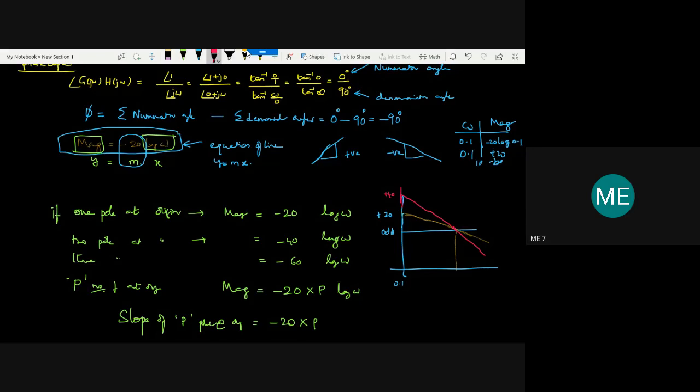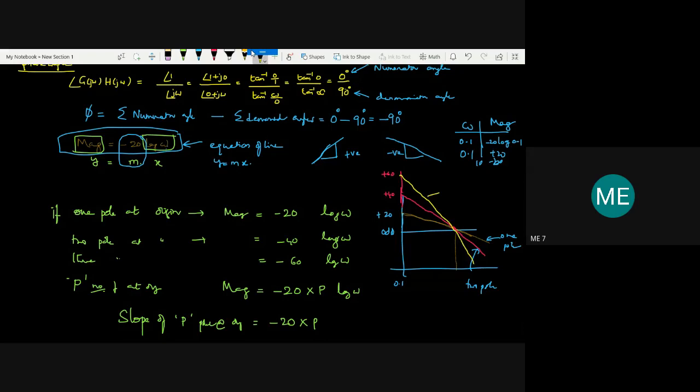This is about two poles at origin, and that is about one pole at origin. And if three poles are there in the G of s and H of s function, straight away I can start from plus 60, and it passes through the point 1, like this.